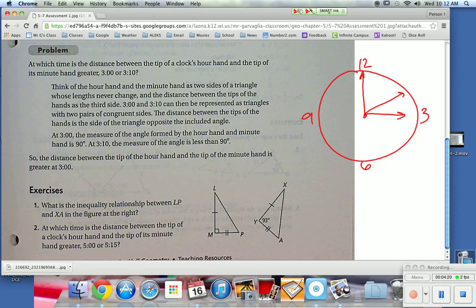Actually, let's draw this minute hand a different color. Which one is greater? 3 o'clock is greater, right? It creates a bigger angle here, although the minute hand and the hour hand are the same length. They don't change length. The degrees in there change.